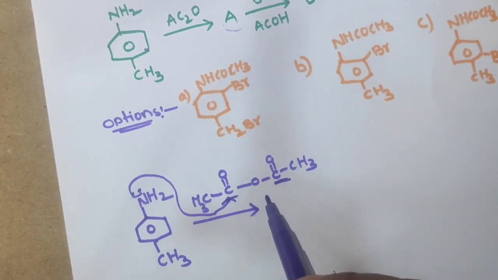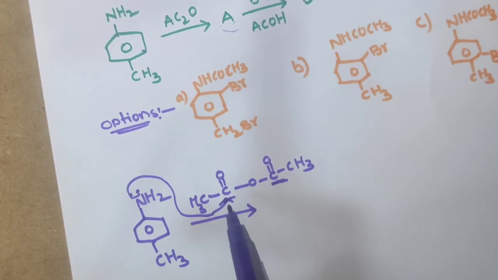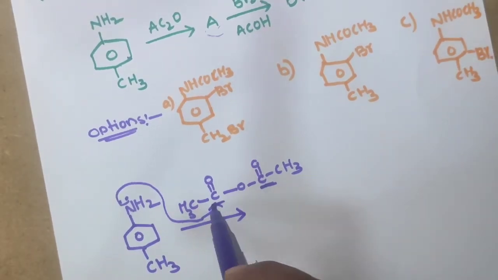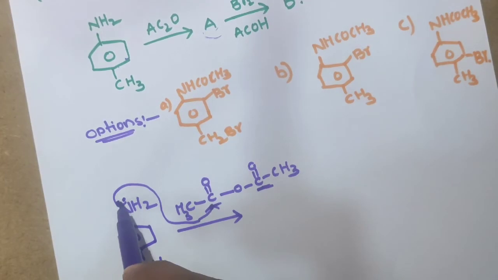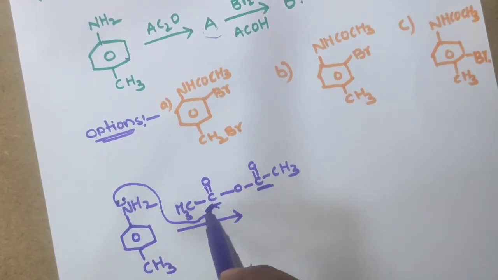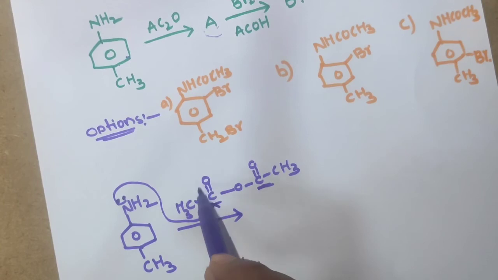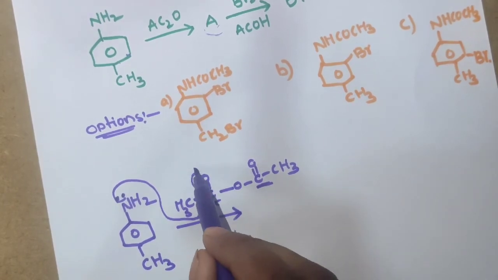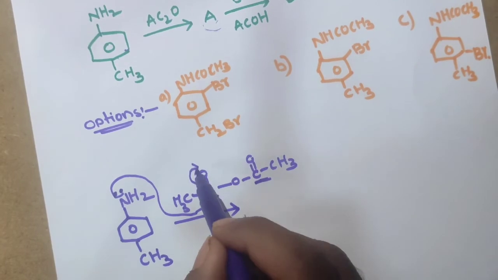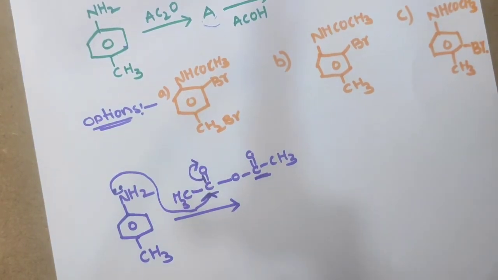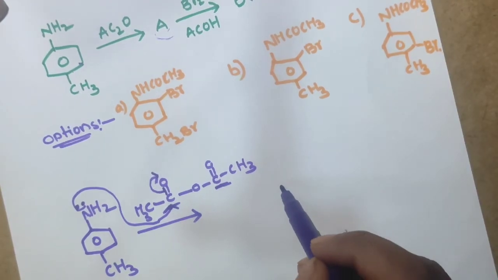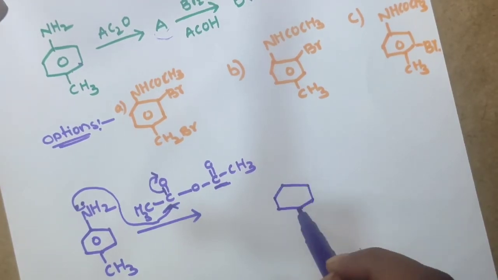There is no dominating effect because both are methyl groups only. So the lone pair of electrons on this aniline will attack at this carbonyl carbon, because here oxygen drags the bonded pair of electrons towards oxygen, and we have a product like this.